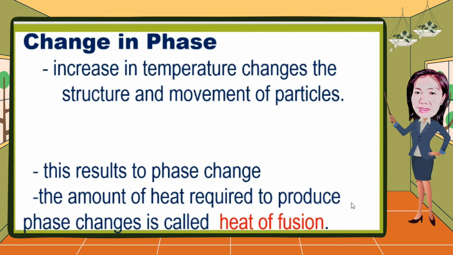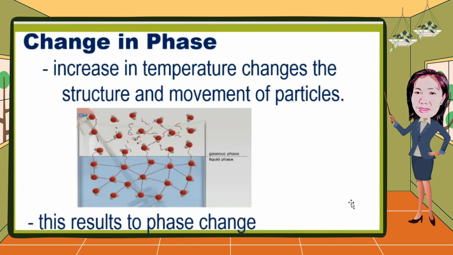So this results to the phase change. And the amount of heat required to produce the phase change is what we call as the heat of fusion. So phase change, the increase in the temperature actually changes the structure and movement of particles.